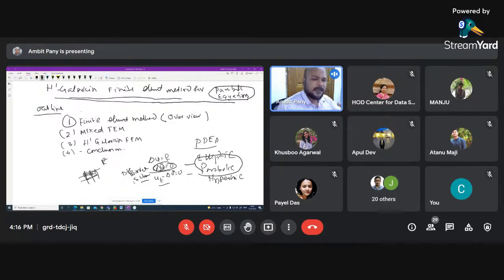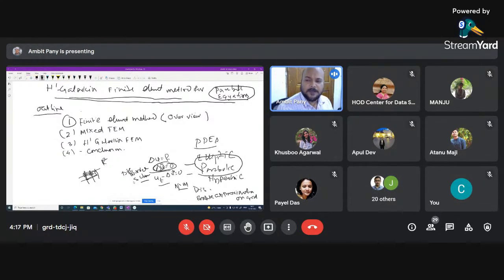So the concept is that in numerical methods, we have to discretize the domain and evaluate the approximate solution on the grid. So this is the entire story.